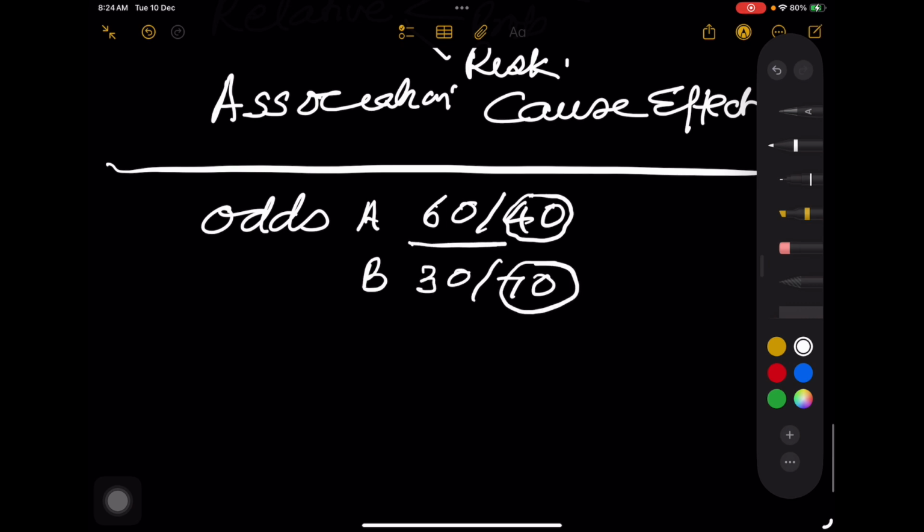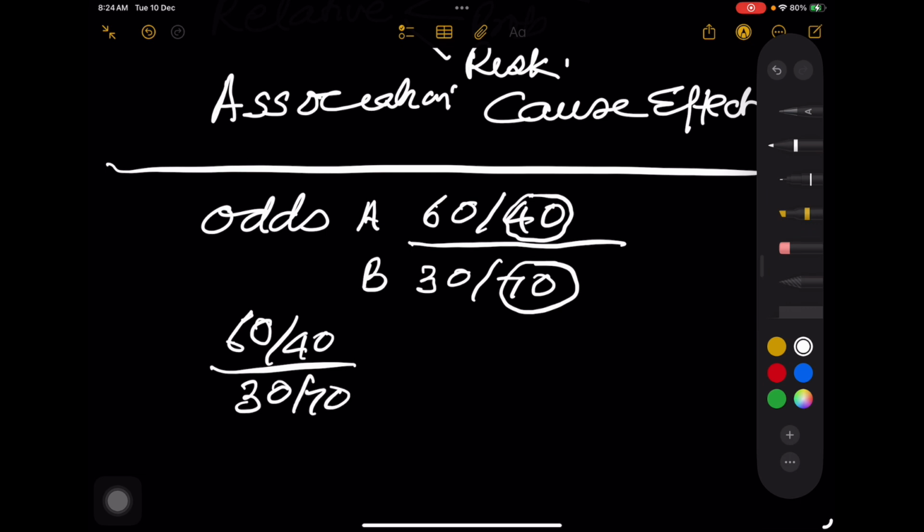And therefore the odds ratio is 60 upon 40 divided by 30 upon 70, which is 60 upon 40 into 70 by 30.